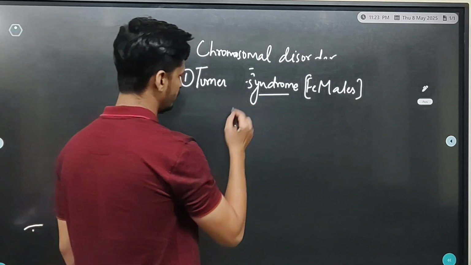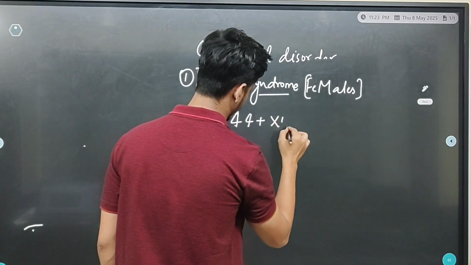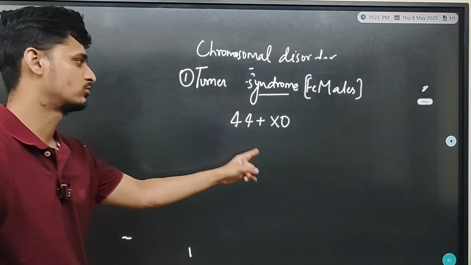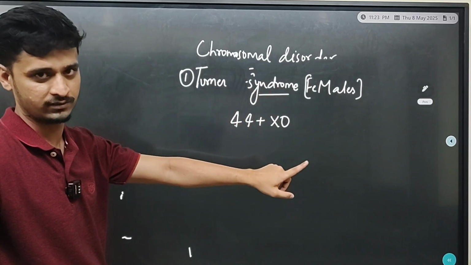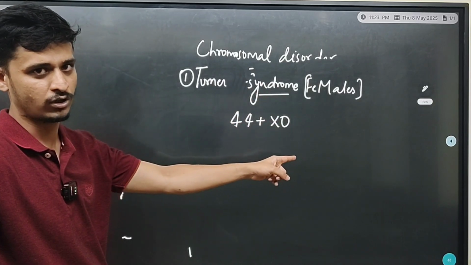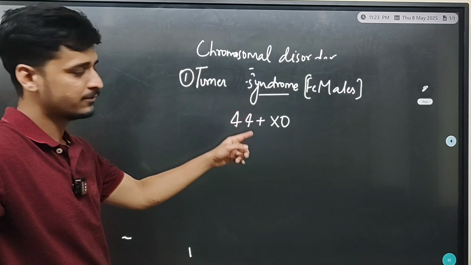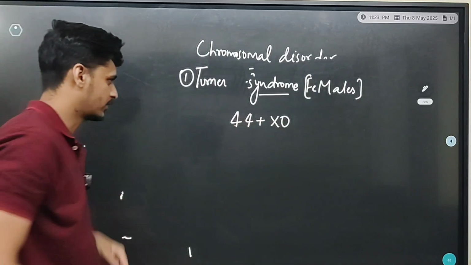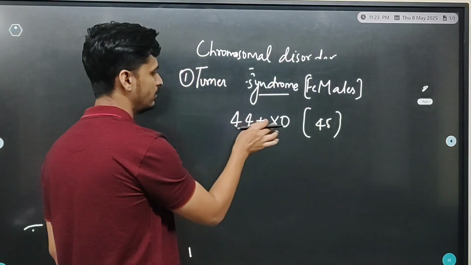What happens in Turner syndrome? There is loss of one X chromosome, one allosome is lost. Generally females have the 44 plus XX condition, but in Turner syndrome they will have a 44 plus X0 constitution. The total number of chromosomes will be 45, 44 autosomes and one allosome.